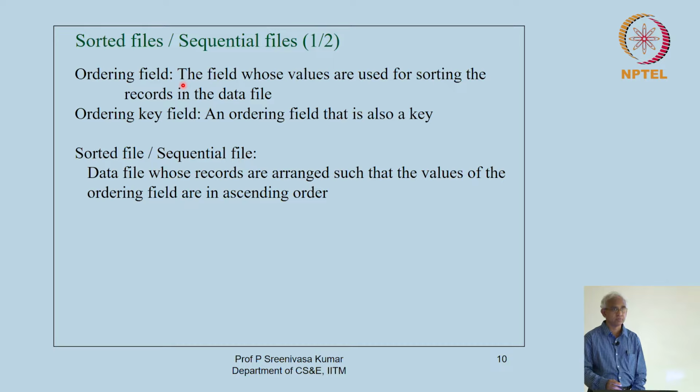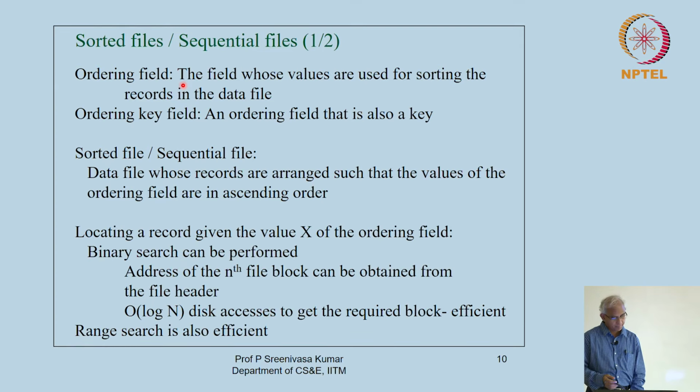How do you do it? If you have a sorted array and want to locate a value in it, you will do binary search, right? So you could do some kind of binary search here: locating a record given the value x of the ordering field.